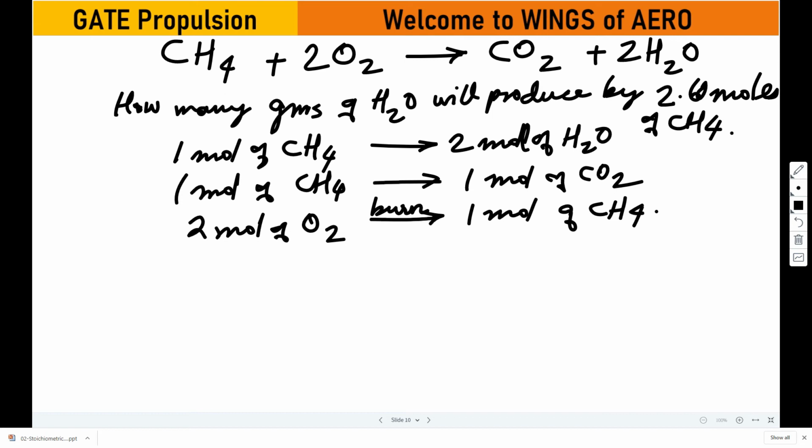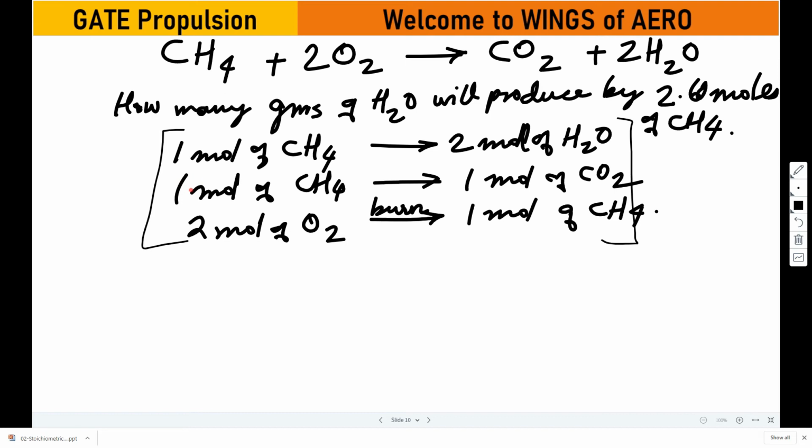So we can give all these statements from this equation. Now here they have said 2.6 moles of CH4, then how many grams of water will be there.